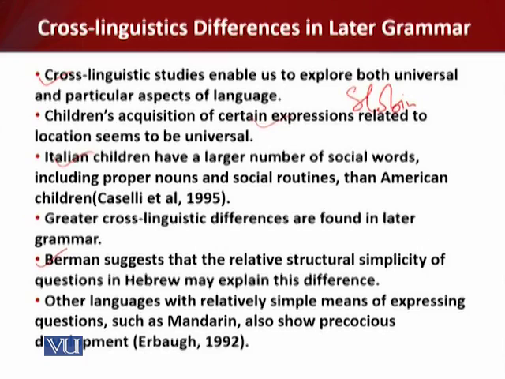In Hebrew, yes/no questions mainly require speakers to use a rising intonation with the declarative sentence, as opposed to the subject-verb inversion that causes such difficulty for English-speaking children. Other languages with relatively simple means of expressing questions, such as Mandarin, also show precocious development.